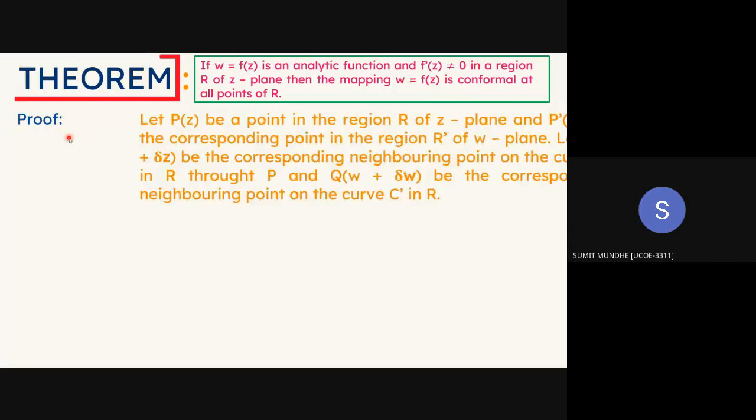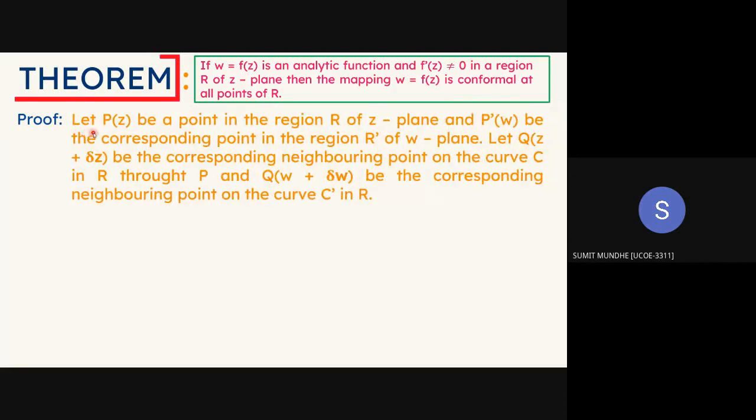The theorem states that if w equals f(z) is an analytic function and f dash(z) is not equal to 0 in a region R of the z plane, then the mapping w equals f(z) is conformal at all points of R. The proof: let P(z) be a point in the region R of the z plane and P dash(w) be the corresponding point in the region R dash of the w plane.